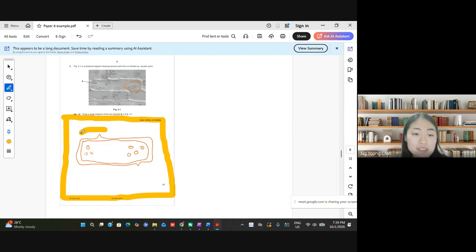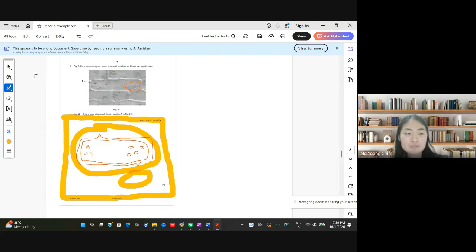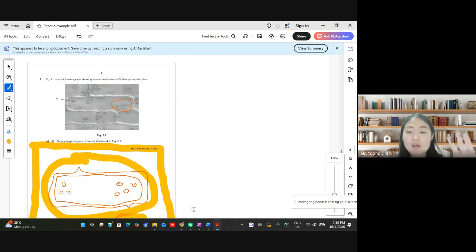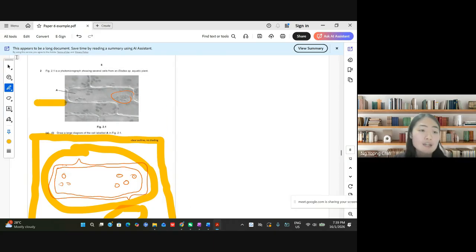So you should draw like this, which occupies almost half of the space. You cannot draw too small like this. Cannot. Okay, I hope you get what I mean. Ensure your drawing occupies half of the space. Draw as big as you can.